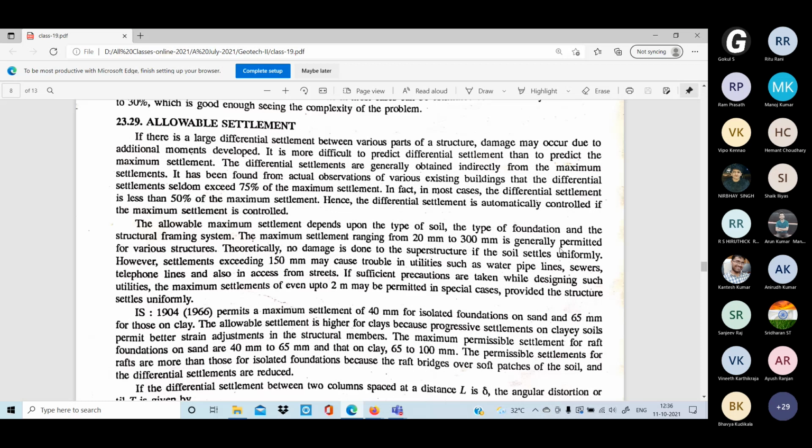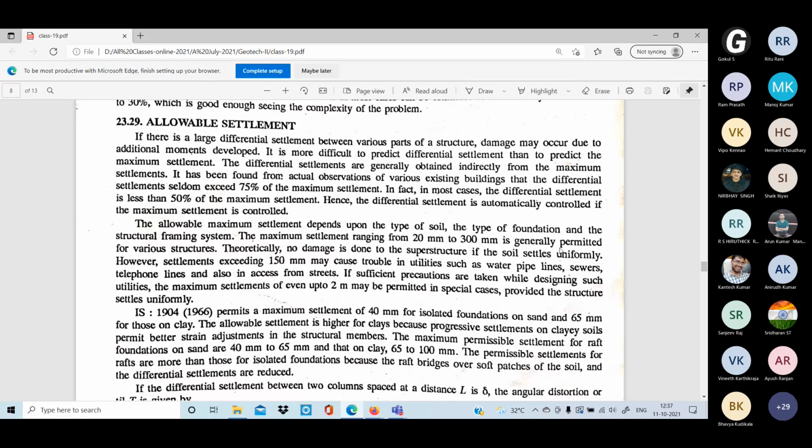We can allow a larger maximum settlement, but differential settlement is dangerous for us. Because when the two columns settle differently, there would be a problem.